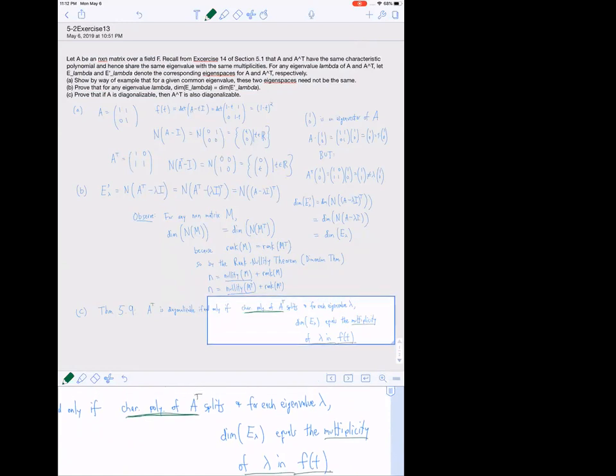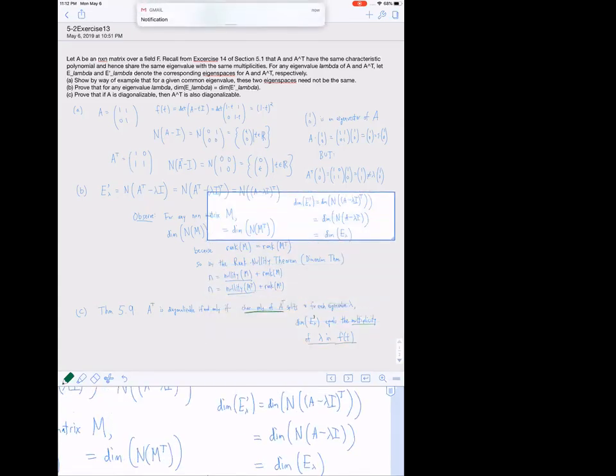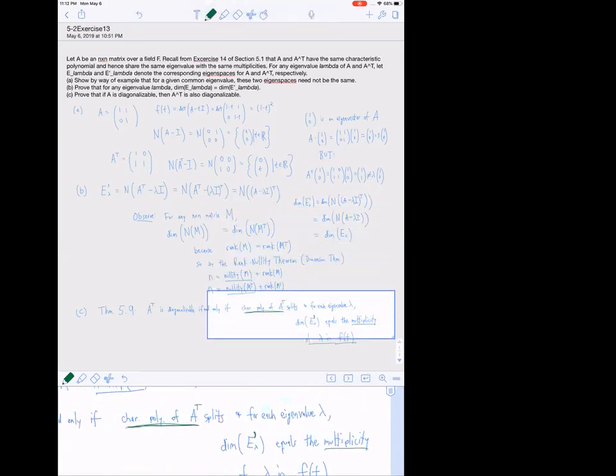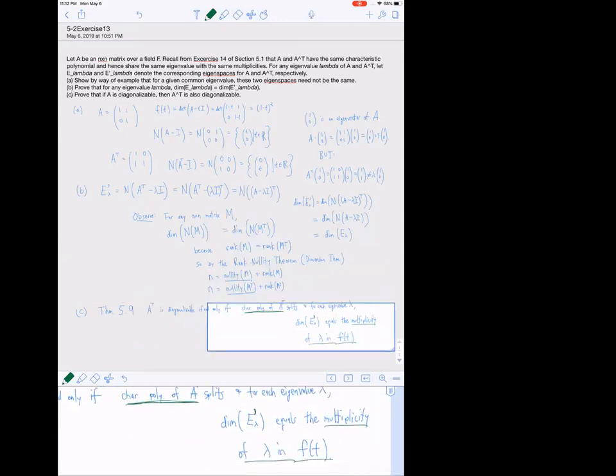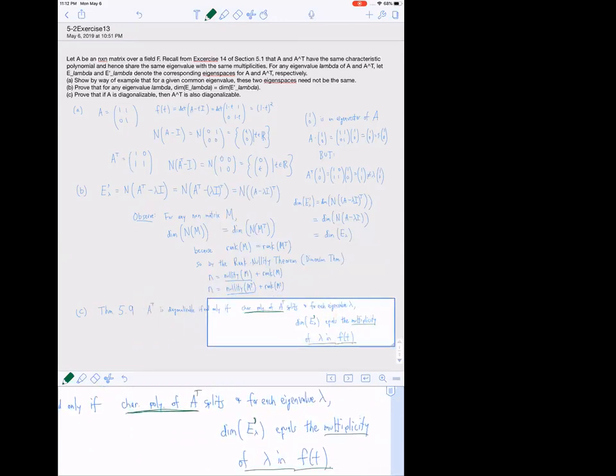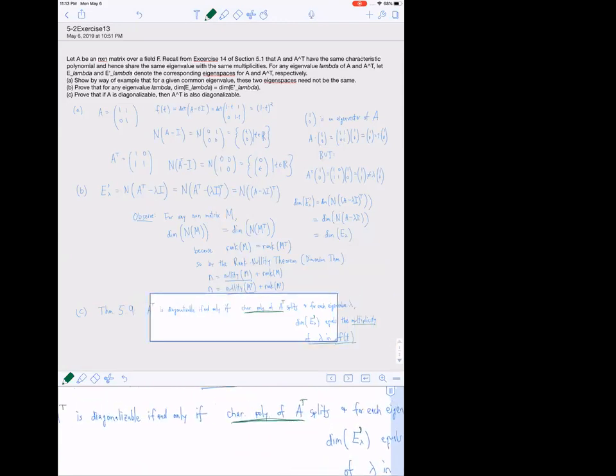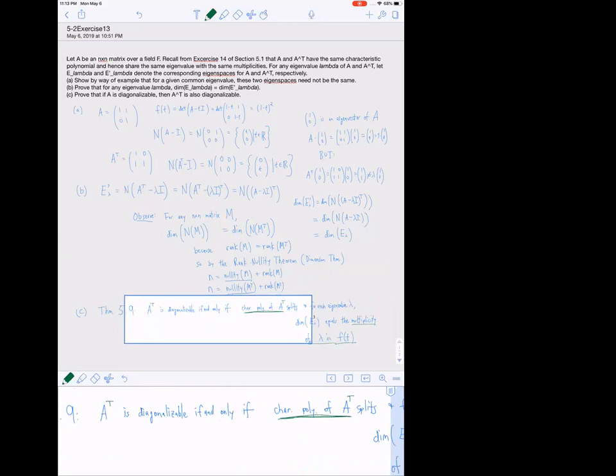So then for each eigenvalue we'll have to have the dimension of the eigenspace matching that multiplicity, but we just showed that the dimensions of the eigenspaces for A match the dimensions of the eigenspaces for A transpose. So if A is diagonalizable, then these criteria must be met, and then these criteria will be met for A transpose as well. So then A transpose will be diagonalizable.